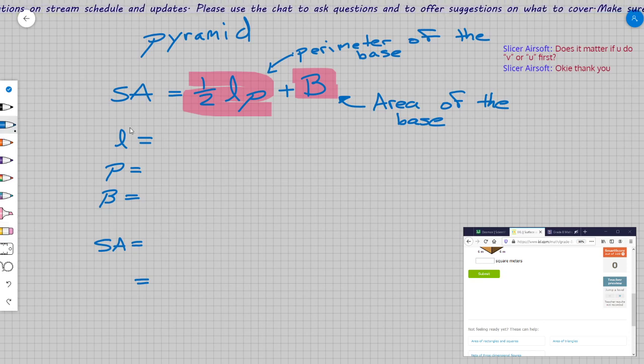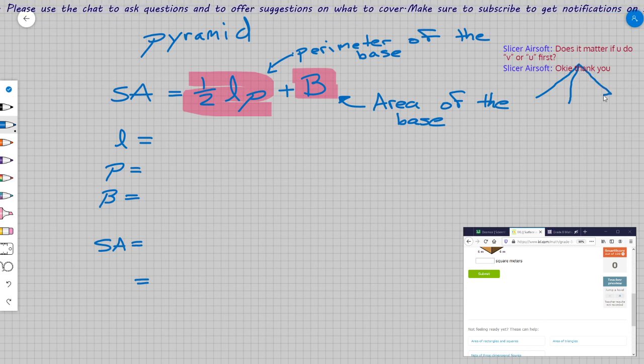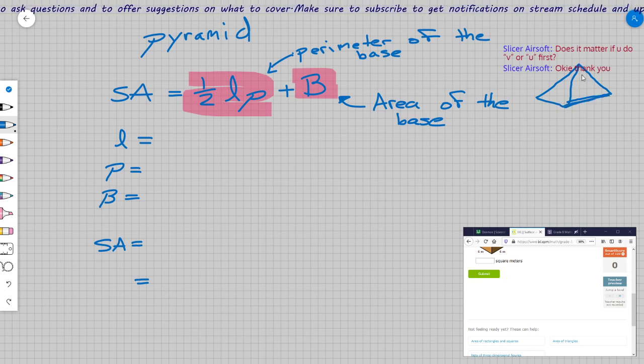So using our imagination of a pyramid, let's see if I can draw this all right. We're just going to look at one side.